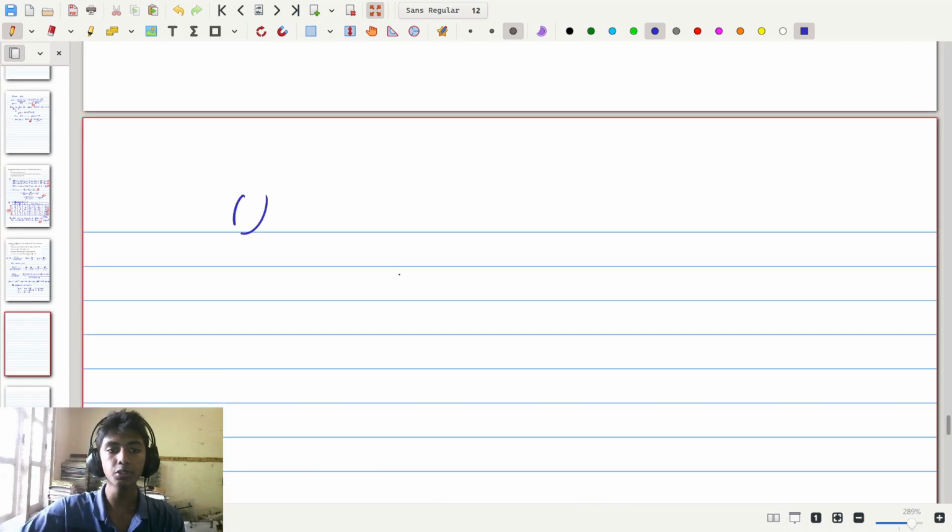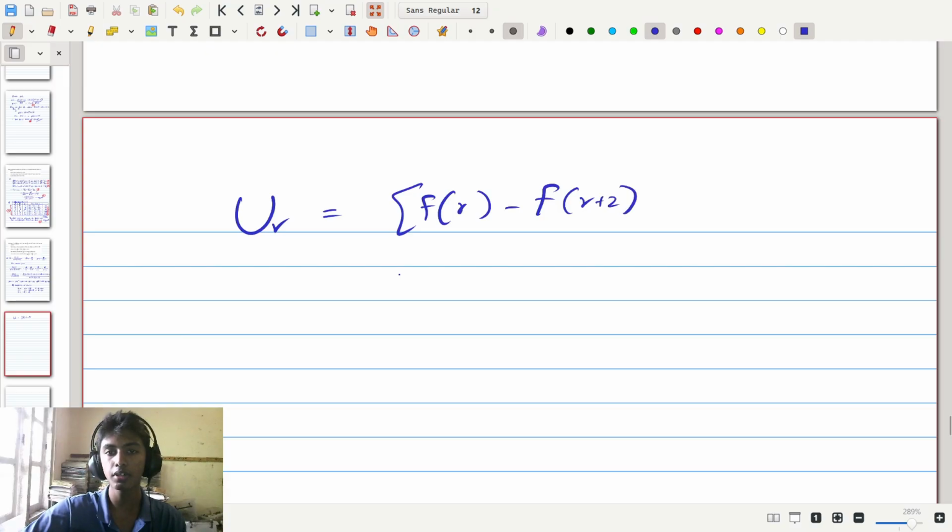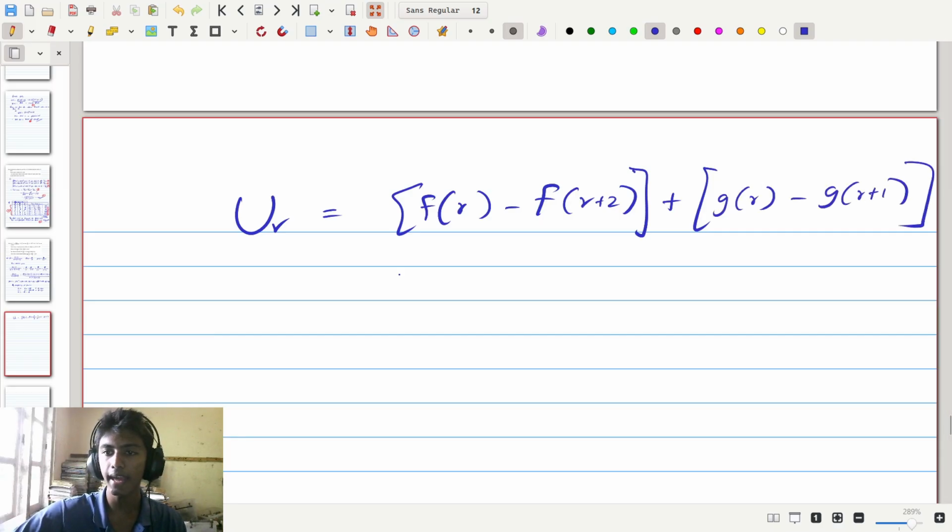We know that u of r is equal to f of r minus f of r plus 2, plus g of r minus g of r plus 1. So we have this expression here.